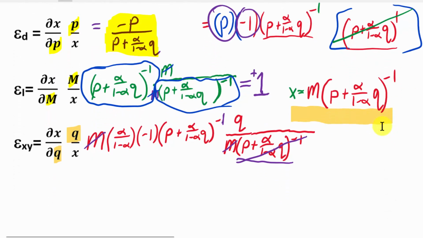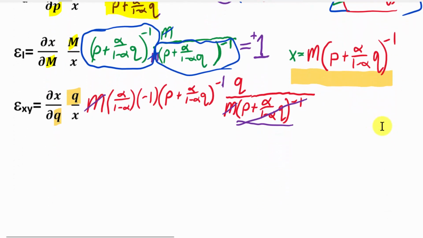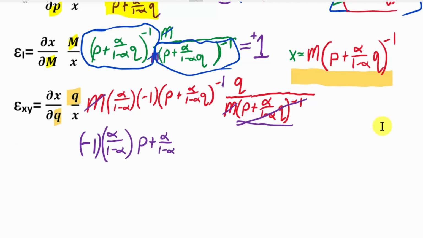So let's simplify and see what we have so far. We're going to have a negative sign, or negative 1, times alpha over 1 minus alpha times p plus alpha over 1 minus alpha q to the minus 1 power times q.